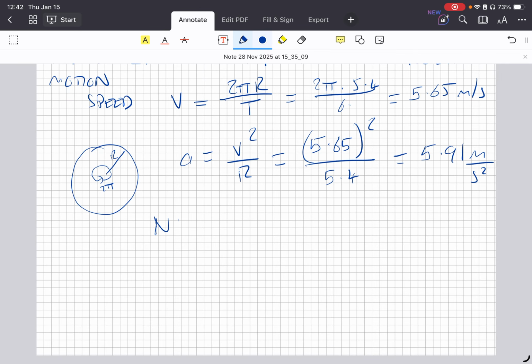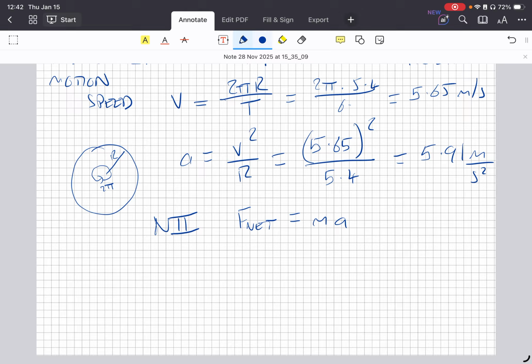Now we can calculate what the forces need to be. Newton's second law tells us that the net force is equal to the mass times acceleration. Well, the only force which is acting in the plane of this motion is the frictional force, which is attracting the cat towards the center.